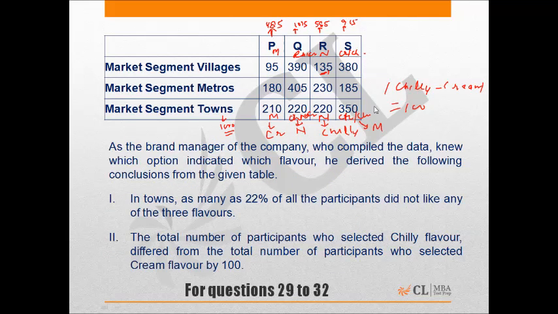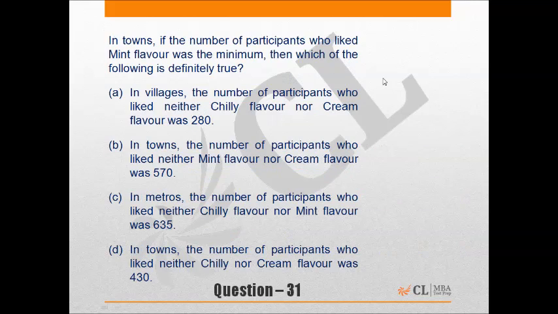Those who did not like either chili flavor or cream flavor from villages will be 95 plus 135, which is 210, not 230, not 280. Therefore, statement A is not definitely true. Now come to next statement.